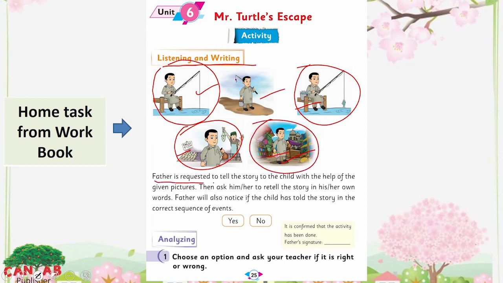देखें इधर, father is requested to tell the story to the child with the help of the given pictures. Then ask him/her to retell the story in his/her own words.